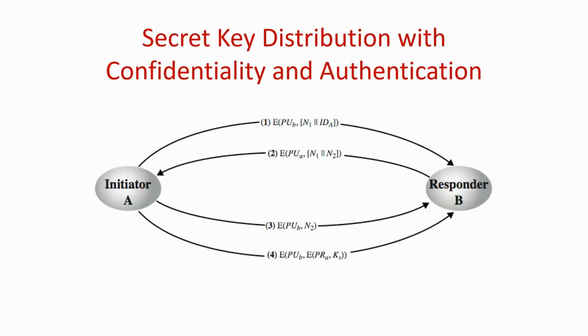If the public keys are in fact securely exchanged, if we assume that A and B already know each other's public keys, then we can have a protocol like the one that you see in the slide.